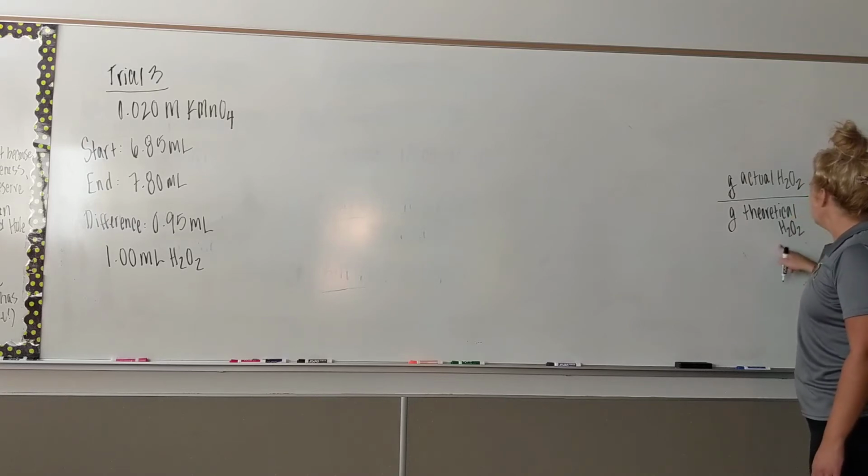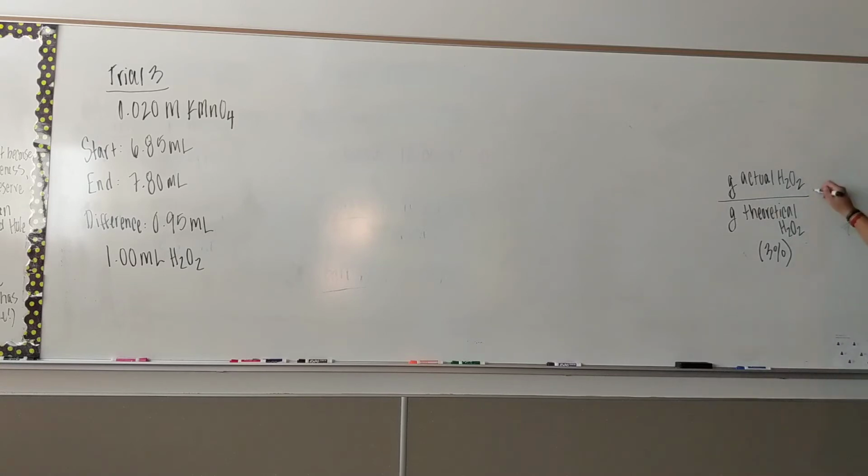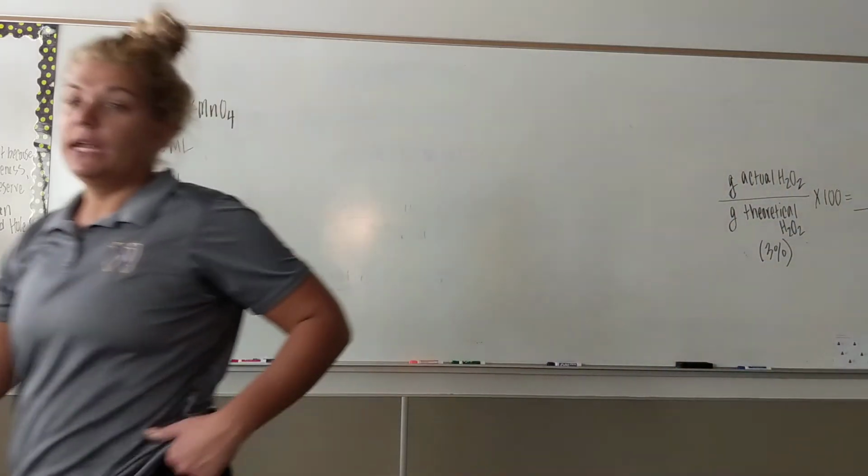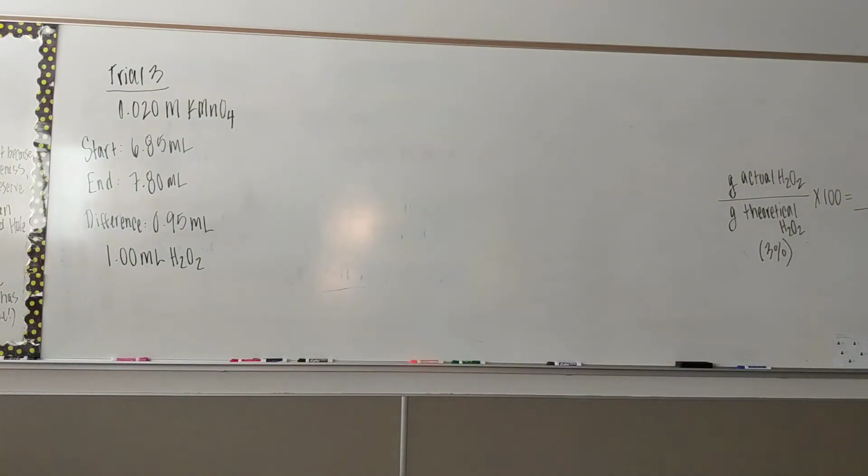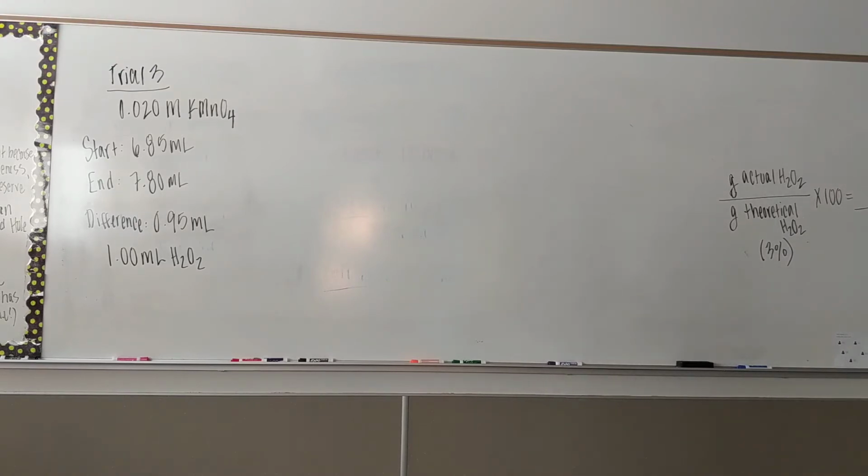And that theoretical is the 3% based off of the bottle, and then times 100 is going to give me the actual percent of hydrogen peroxide in the drugstore bottle of hydrogen peroxide that we have, okay? So I need to figure out how many grams of hydrogen peroxide I started with, and how much I actually have based off of the titration.